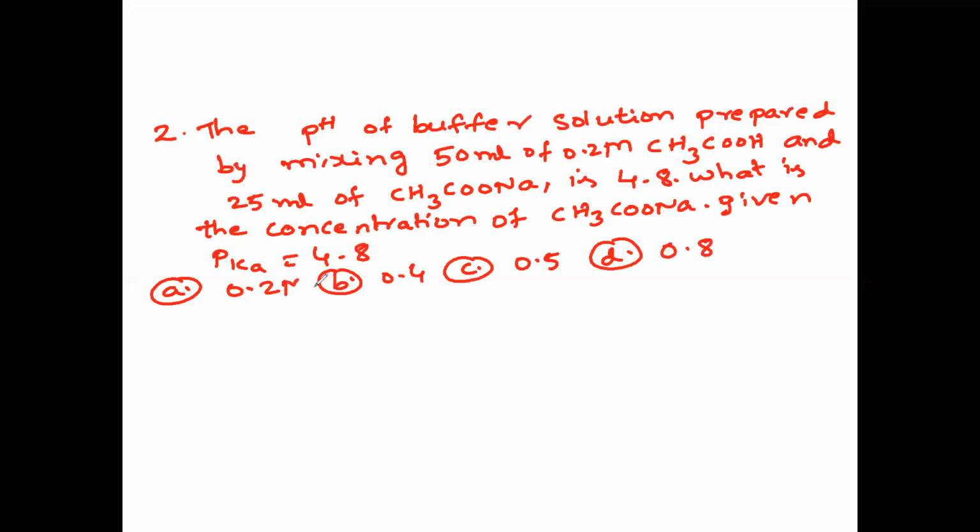So they are given in molarities. Now let us see the solution. They have missed out the concentration of the salt, that is sodium acetate. Since we know pH is equal to pKa plus log of molarity of salt into volume of salt by molarity of acid into volume of acid.